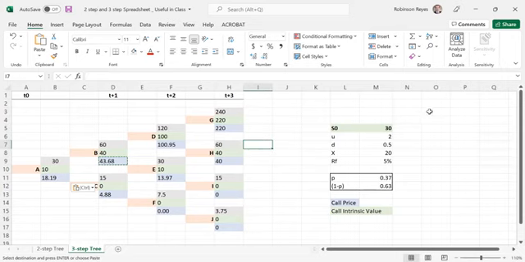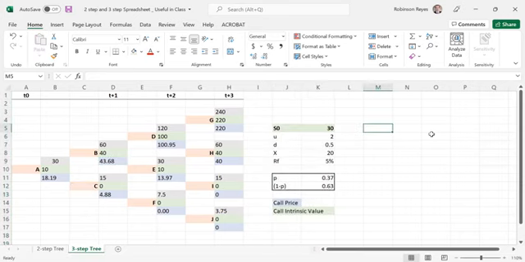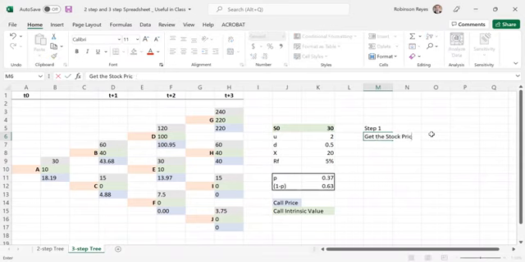So just to summarize, and I will delete this just so that we can summarize. Step one, when you're solving the tree, is to get the stock prices. I'm not sure if these steps are going to match the steps I have mentioned in previous works, but if they're not perfectly matching, they're going to be quite similar.